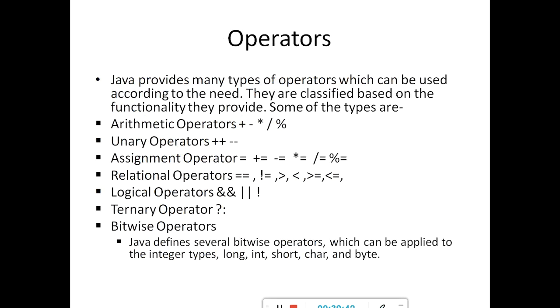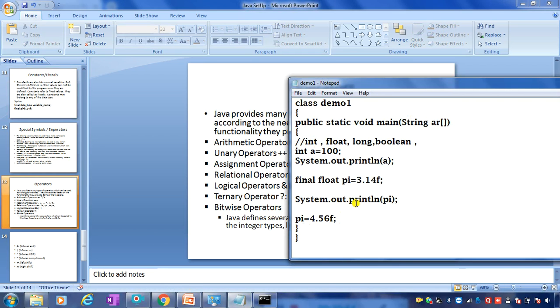So I want you to try to install Java and try to set the environment variables, and with the help of your notepad try to write a simple Java program, just a System.out.println.